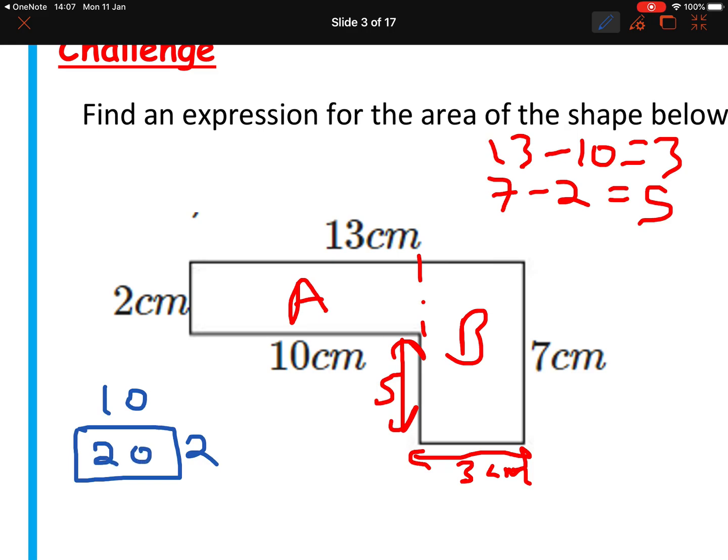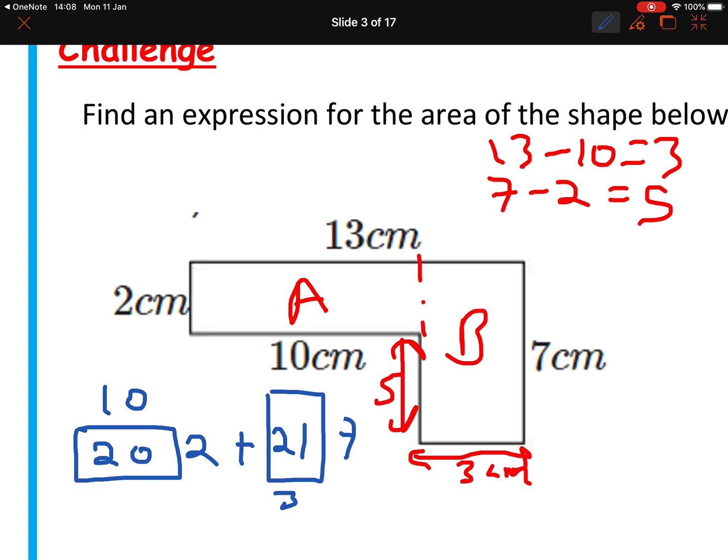So therefore the answer is 10 times 2, the area is 20, plus the area of B. I'll just do a rectangle standing up because that rectangle is standing up. And that's going to be, the length is 3, the width is 7. Okay, so it's a 3 by 7 rectangle.